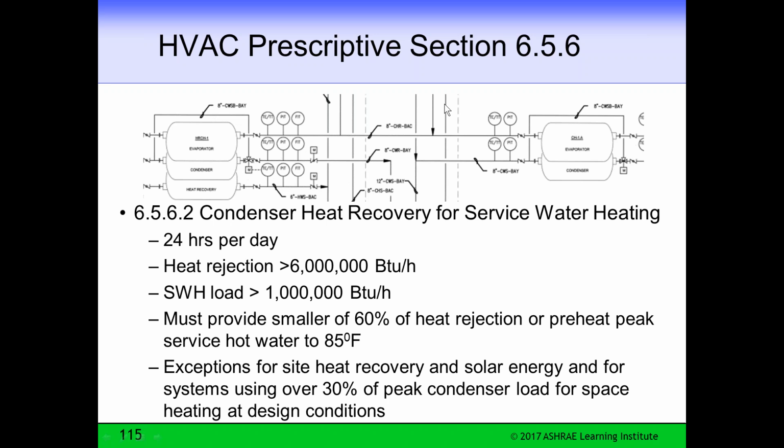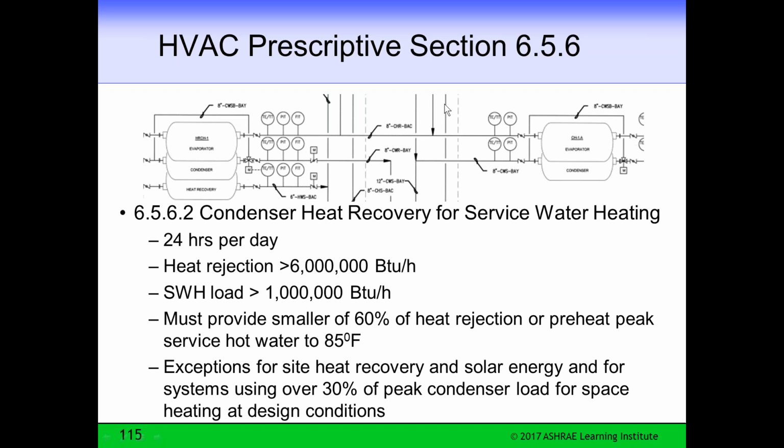And that turns out to be a key problem in this one, in that right now, the requirement is for service water heating loads. Now, matching a chiller to service water heating loads is very difficult to do efficiently. So we're trying to rewrite this requirement and add some space heating into it so we can have a constant load that would make sense to match the chiller up to.